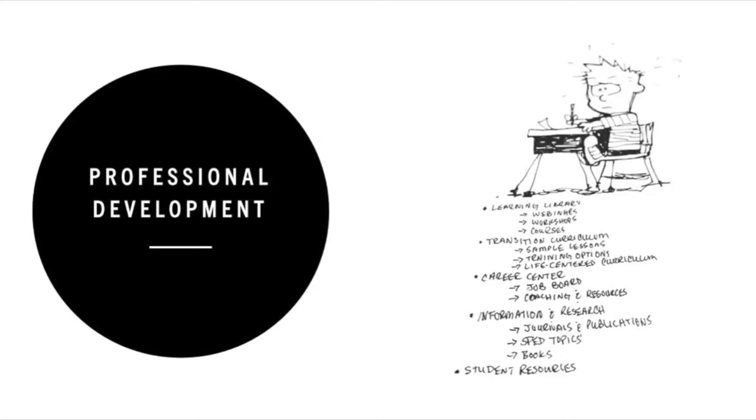There's a career center with a job board, as well as coaching and resources to assist educators in presenting our best selves. Information and research such as journals, publications, special education topics, and books, as well as student resources.